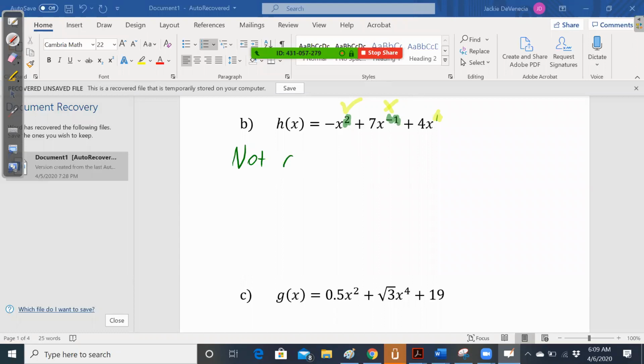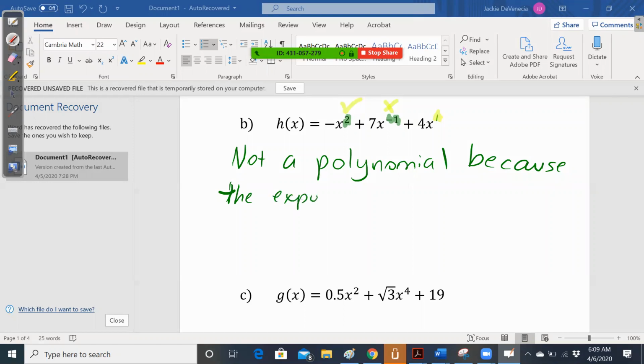So we would write not a polynomial because the exponent is less than 0.